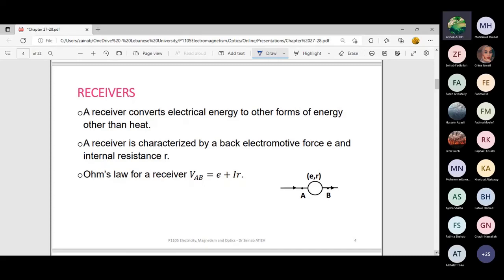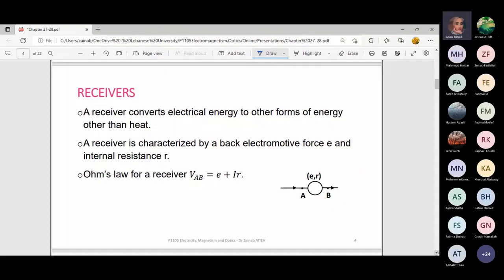It also heats up, so instead of delivering E, it will consume part of the voltage and deliver E minus IR. This is for the dry cell. Now for the receiver, it needs voltage E to function, which is called the back EMF. It also heats up, so it will consume E and also IR. So it will use a voltage E plus IR. Did you get the idea why the upper formula is E minus IR and this formula is E plus IR?